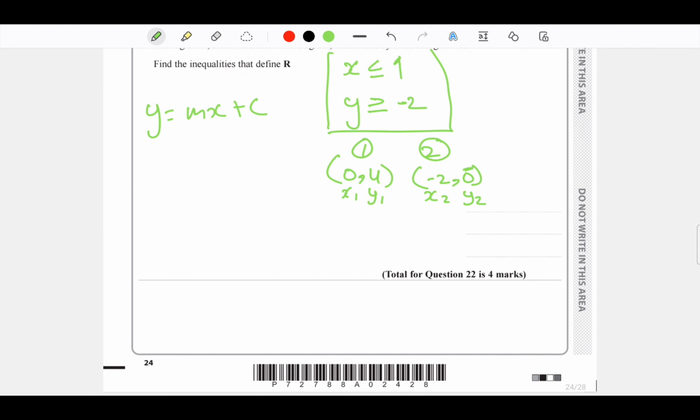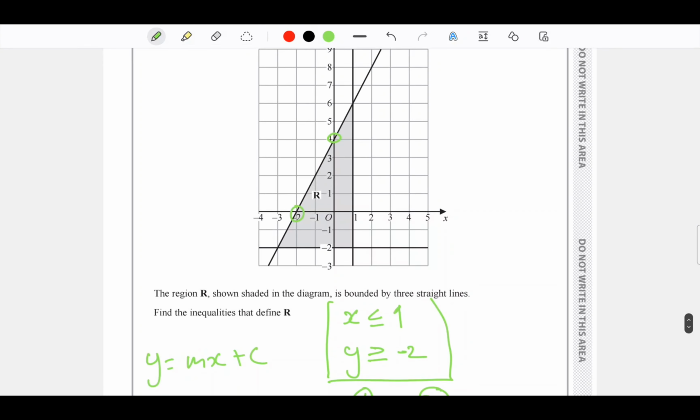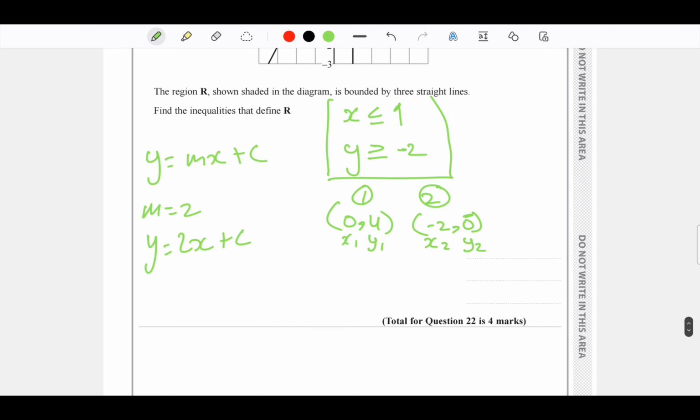That means y equals 2x plus c. Now what is c and how do we find it? c is the point where the line crosses the y-axis. In this case, the y-axis is crossed here. x is 0, y is 4. Therefore y equals 2x plus 4.